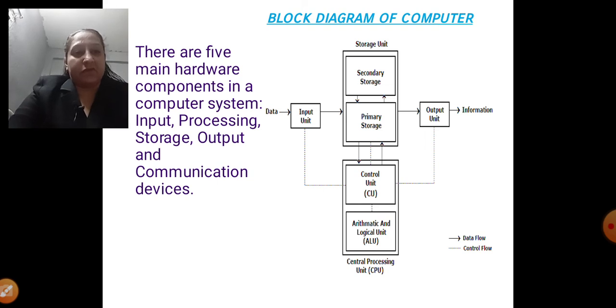What is the difference between the data flow and the control flow? Data flow indicates from where data will move, from which unit it will come, and later to which unit it will proceed ahead. That is important. And control flow will look after who is having control over which unit.